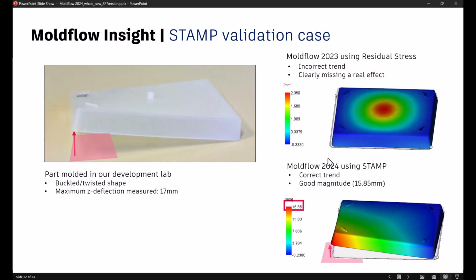With Moldflow 2024 using STAMP, the trend is correct and the magnitude is in good correlation, not exactly matching, but 17 mm versus close to 16 mm that we found. Let's go into the software, and I'll show you how it gets activated.